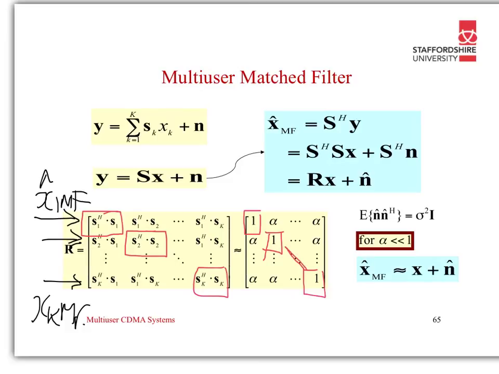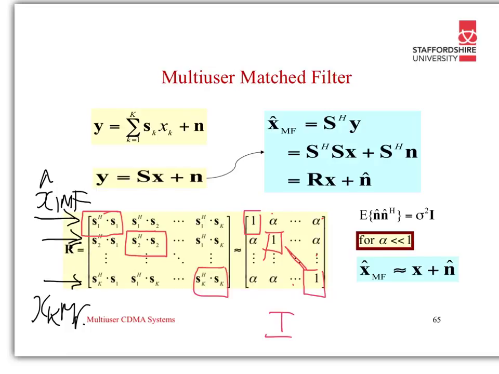Now if we have truly orthogonal codes for each user, then this would be the identity matrix. That would be 1s on the diagonal, and the alphas would all be 0.